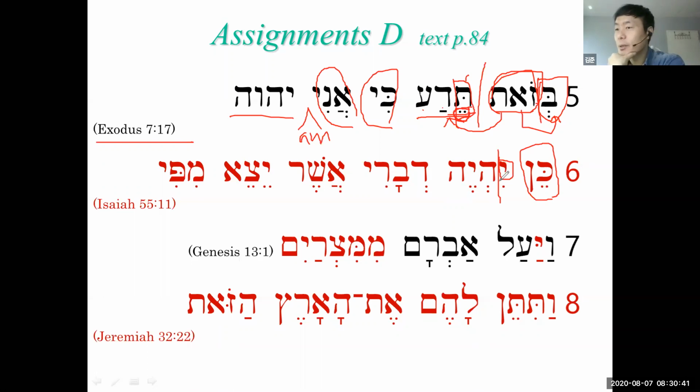Sorry, Professor. Like the missing letter rule, if we have a vowel pointing other than tsere or qamets under the prefix, then the third he should be missing.